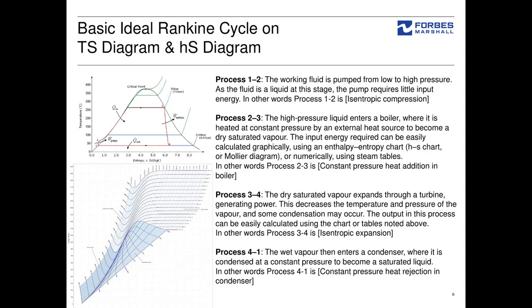So all these four processes can be easily plotted on your temperature-entropy diagram or an HS chart, which is a Mollier chart. It's very easy to calculate these enthalpies if you know pressure and temperature at various points, either using the Mollier chart or using the steam table. So it is very simple to calculate all heat transfers as well as the work input and work output.